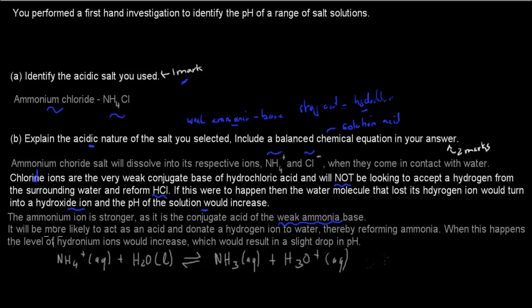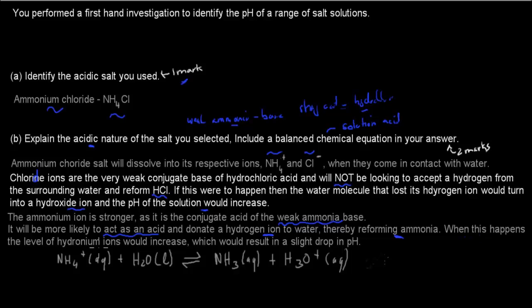What that means is it will be more likely to act as an acid and donate a hydrogen ion to water, which means it's going to reform ammonia. Reforming ammonia is not the main part, the other part is the main part, and this is what I wrote here.